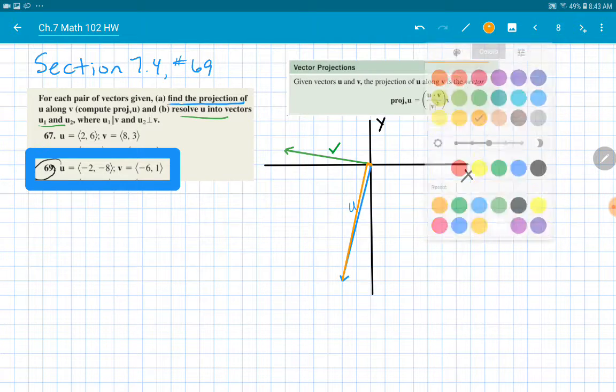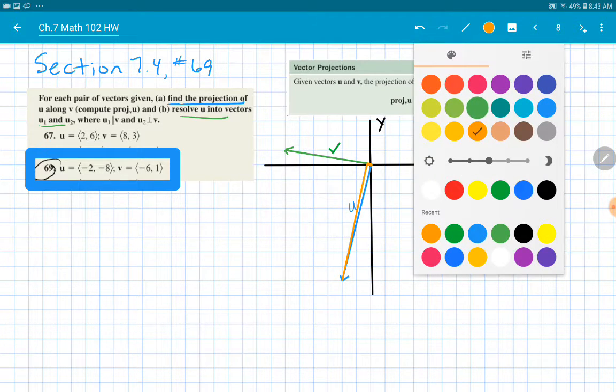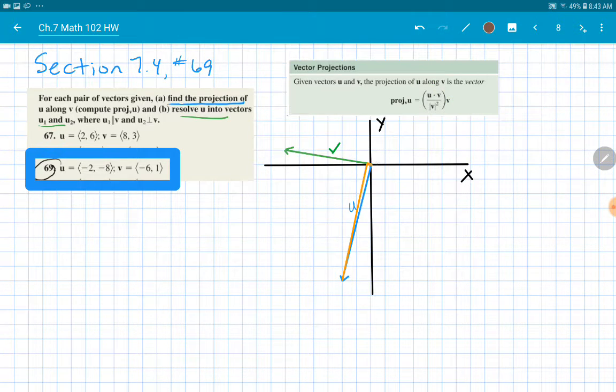Let's do it in brown. It's starting at the origin and just going up that far. So I expect some really small numbers here for that vector. So that brown one is the projection of u along v. So that's how far u goes along v.